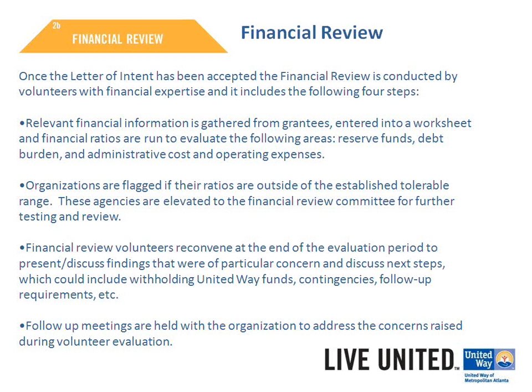The ratios are set by the Financial Review Committee. The range is defined based on looking at how all agencies are doing in specific areas. The ratios are based on the following key areas the committee reviews: liquidity, primary reserves, supporting services, and debt burden. Liquidity measures the organization's ability to cover its current obligations with available liquid assets.